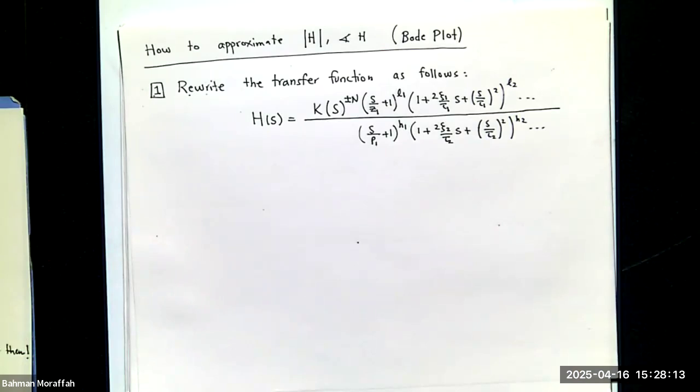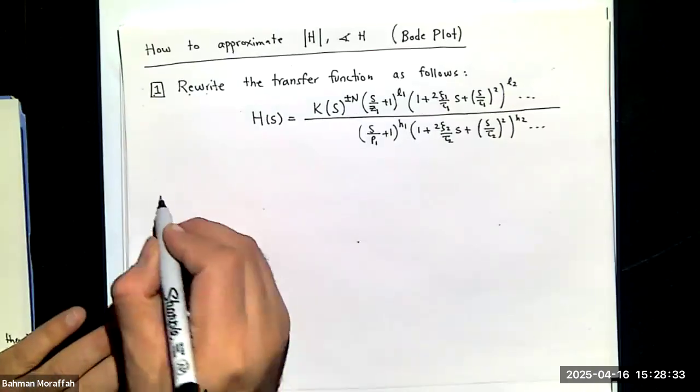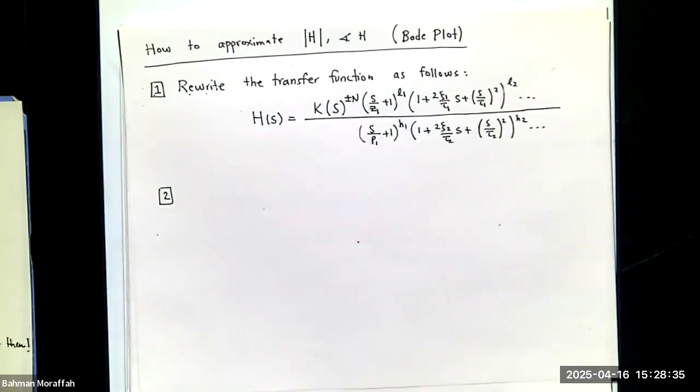Basically, what we're interested in doing is that we want to make sure that the constants that we have here, they're all 1. Right? We can always do that by factoring it out. Right? As soon as I do this, the first thing I can do is that I can simply determine what my zeros are, what my poles are. Right?